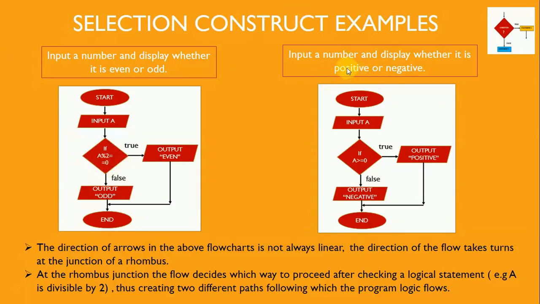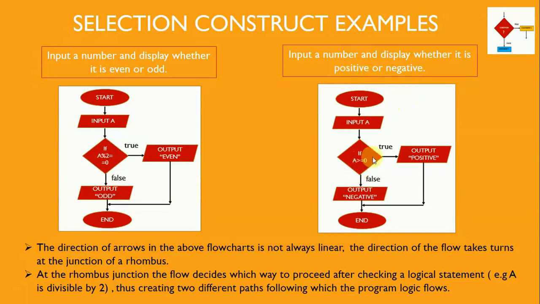Now let us talk about one more question. Input a number and display whether it is positive or negative. So again, the flowchart will start with a start symbol. I will input a number, and now I have to check whether it is positive or negative.